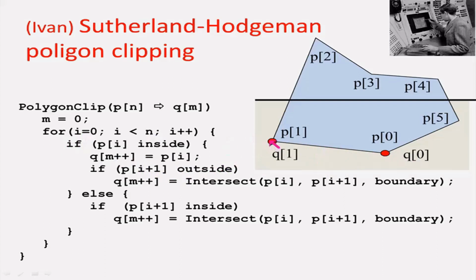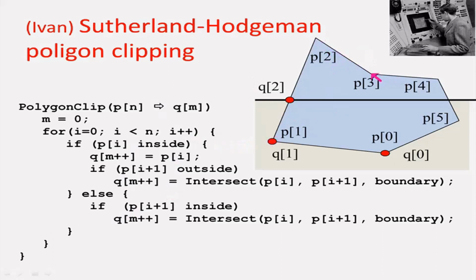This point is in again, so this is added to the output array, but the next point will be out, so there is an intersection between the edge and the clipping line, and this intersection is also added to the output. Then we consider the next vertex P2, which is outside, so it is not added to the resulting array, but we check whether the next point is in, so there is an intersection between the edge and the clipping line. This is not the case here, so nothing is added to the output array.